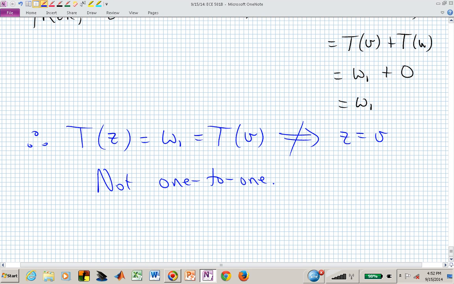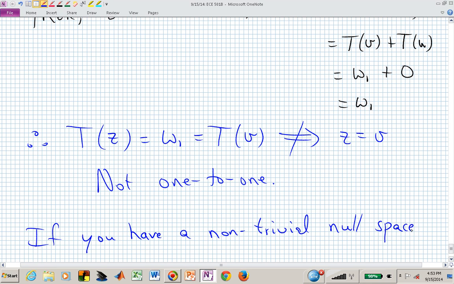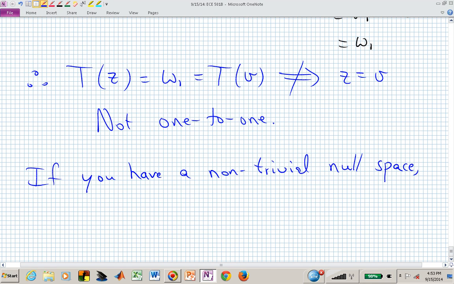And we've said this before, but let me just repeat it. If you have a non-trivial null space, a null space that includes more than just the 0 vector, then the map is not injective.